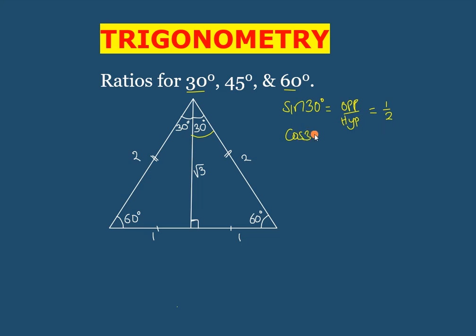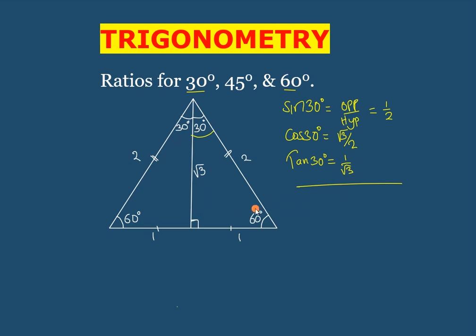The cosine of 30 degrees is adjacent, which is root 3, divided by 2, which is the hypotenuse. The tangent of 30 degrees, tangent of that same angle, is the opposite, which is 1, divided by adjacent, which is root 3.